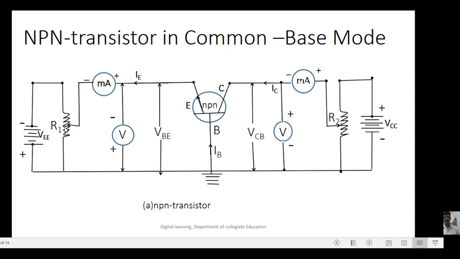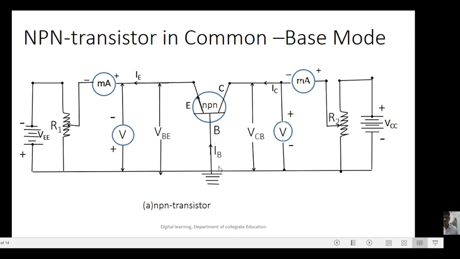Here mA is the milliammeter, which measures the flow of current from the emitter. V is the voltmeter, kept between the milliammeter and ground. Here VEB is the voltage developed across the base and emitter, and B is the base.